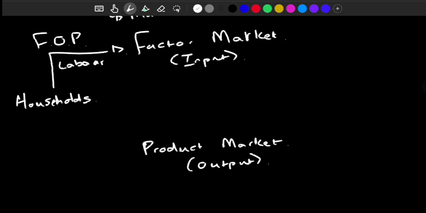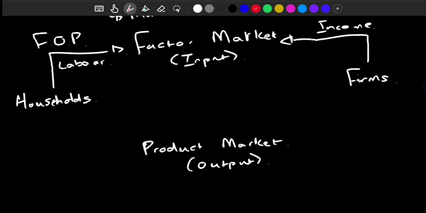Then on the other spectrum, we have our firms. Our firms, or you can call them businesses, provide income or salaries. They pay income to the factor market, and in exchange they receive labor.